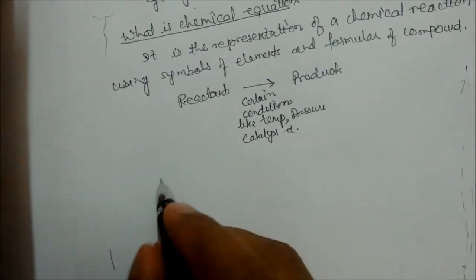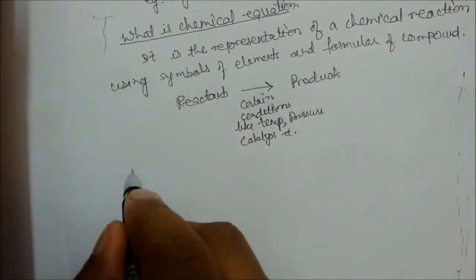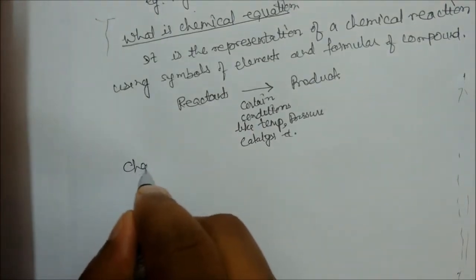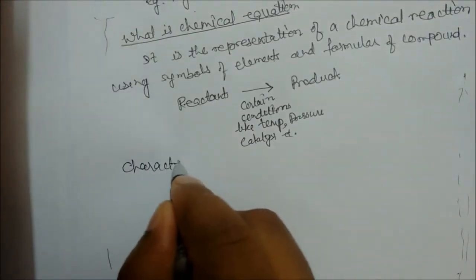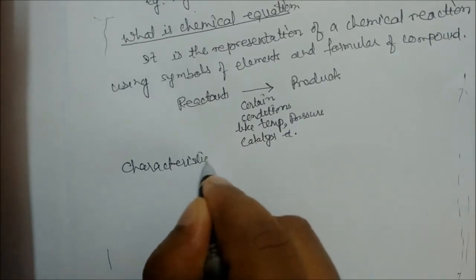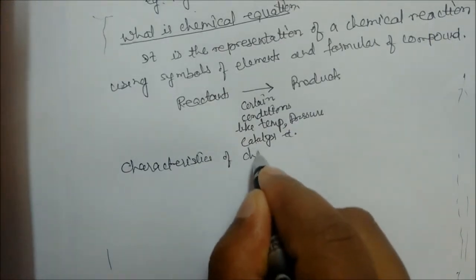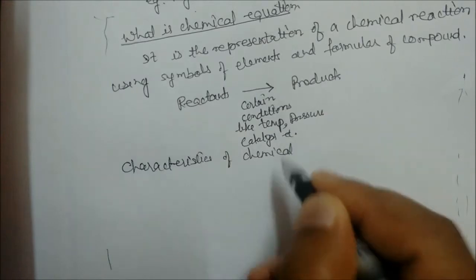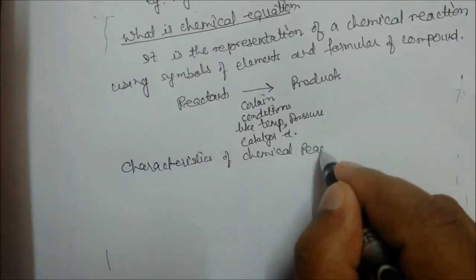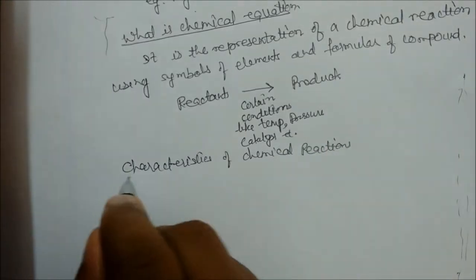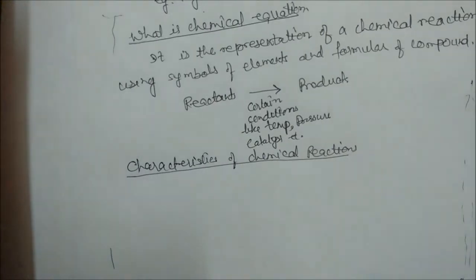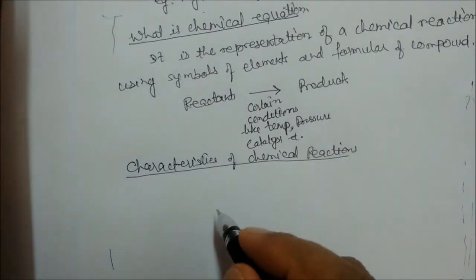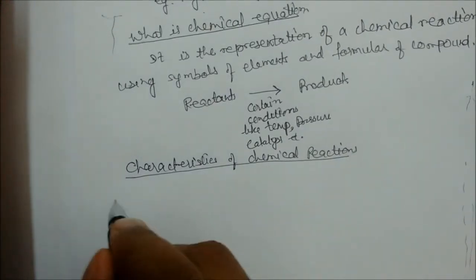Now let us see the characteristics of chemical reactions. Characteristics means how we can identify a chemical reaction. So let us see here.